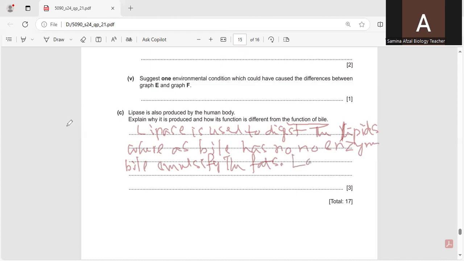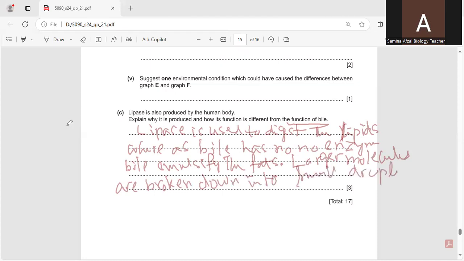The larger molecules are broken down into small droplets to increase their surface area.